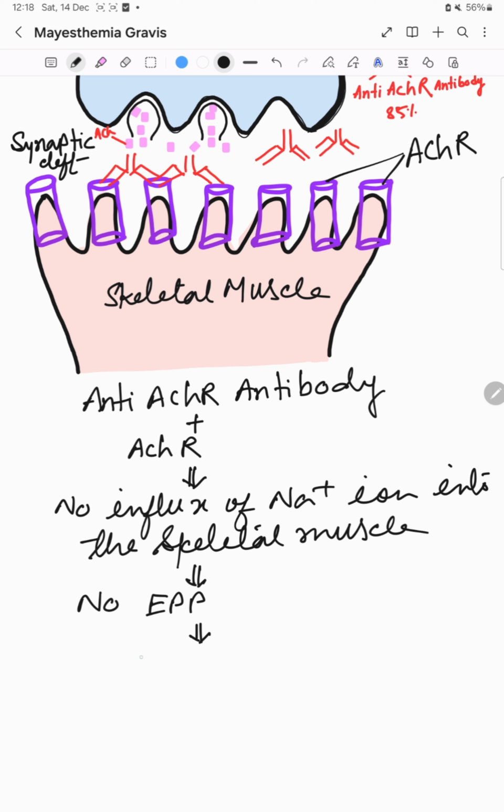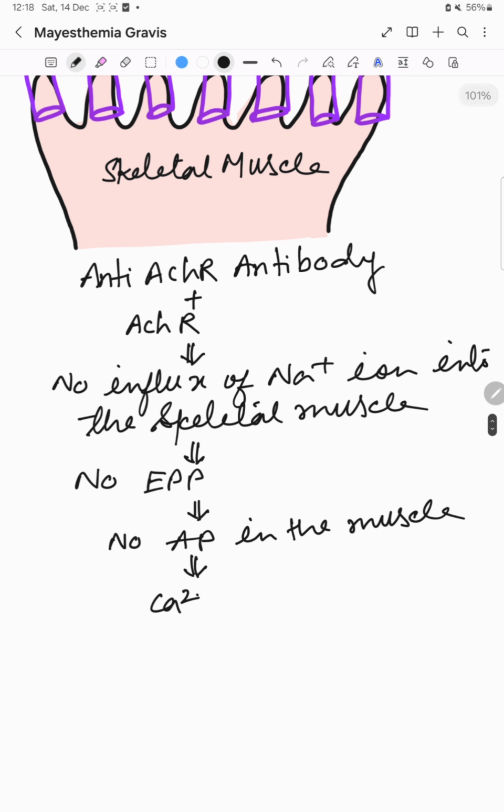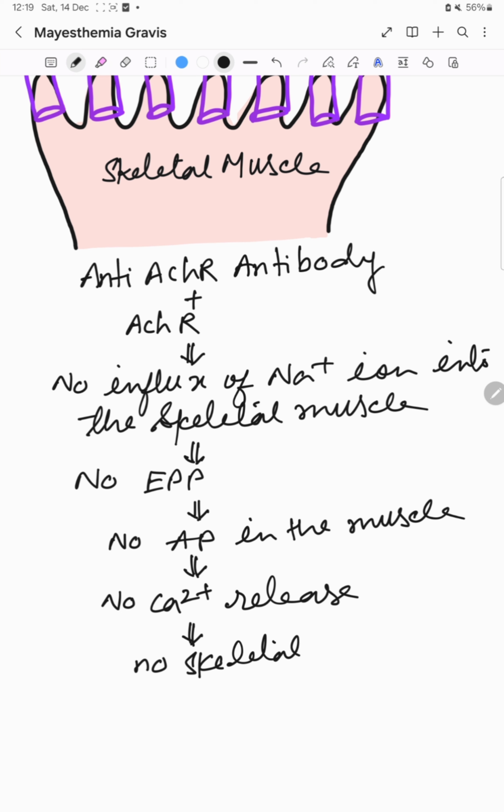So there is no action potential in the muscle, and there is no calcium release from the sarcoplasmic reticulum to the muscle, and no skeletal muscle contraction.